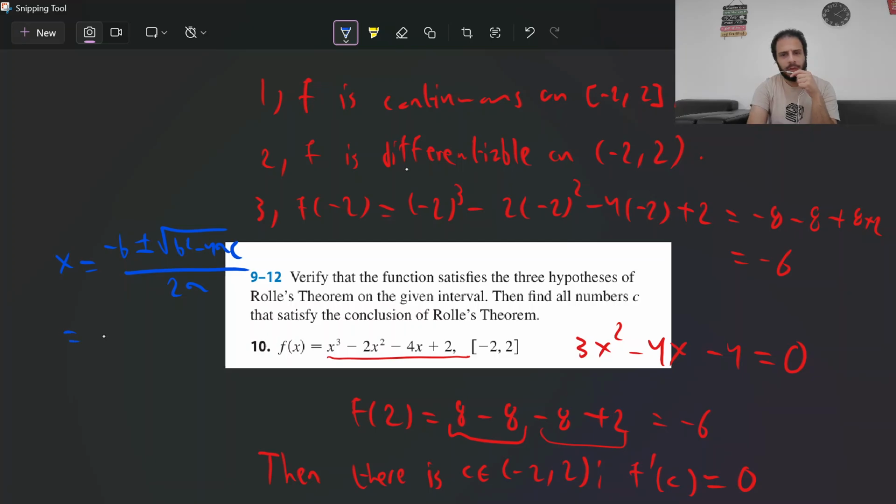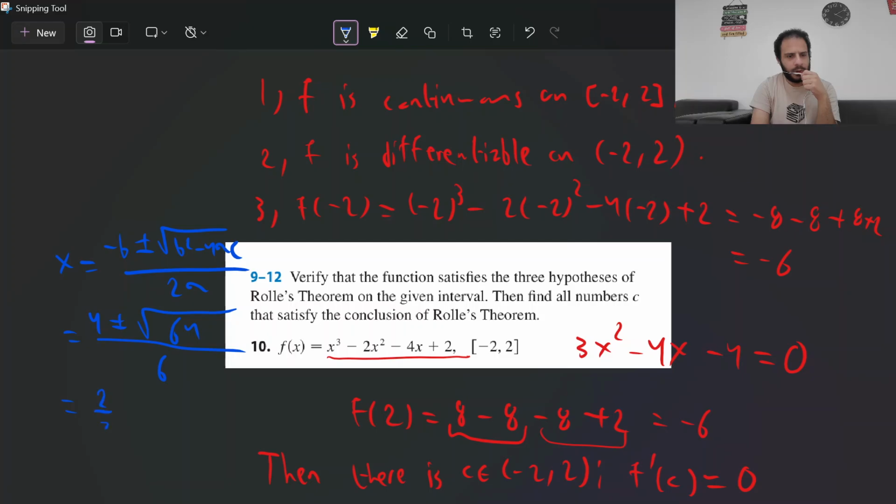So let's substitute. Minus b equals minus 4, so minus 4 becomes positive. So 4 plus or minus square root of b squared, 4 squared, 16, minus 4 times 3. So it will be square root of 64 over 2 times 3, 6.